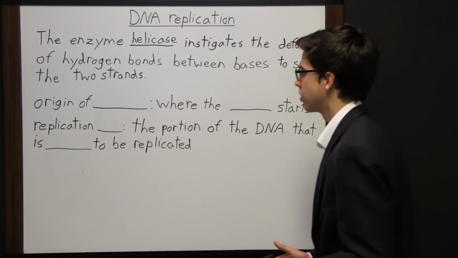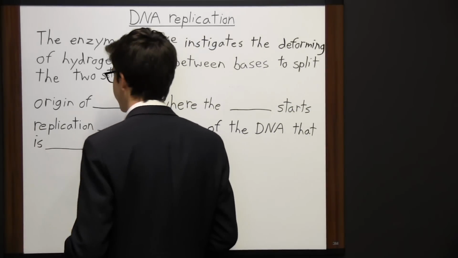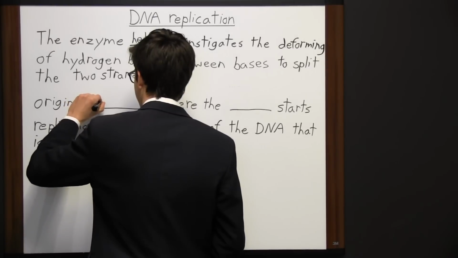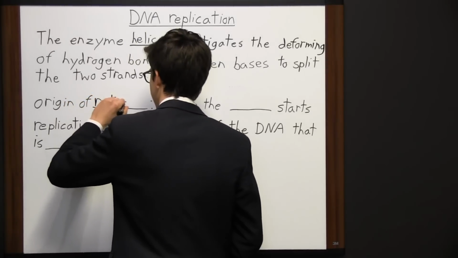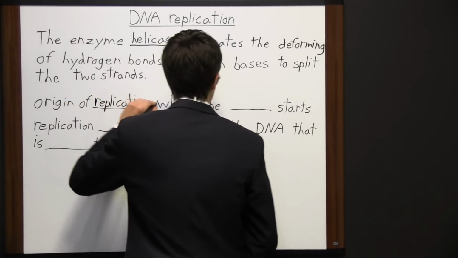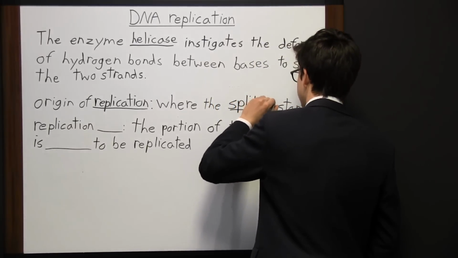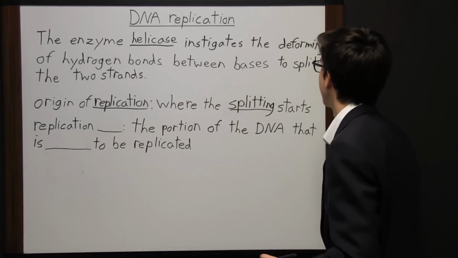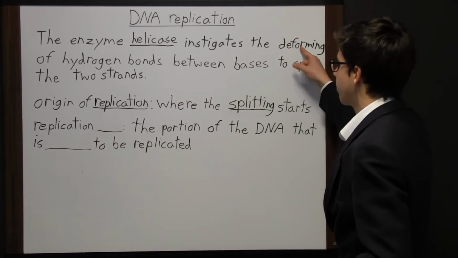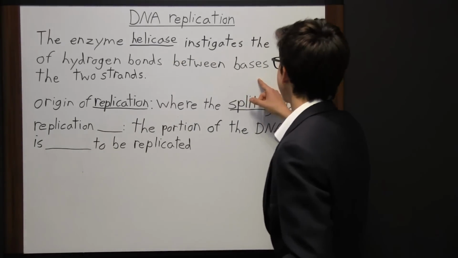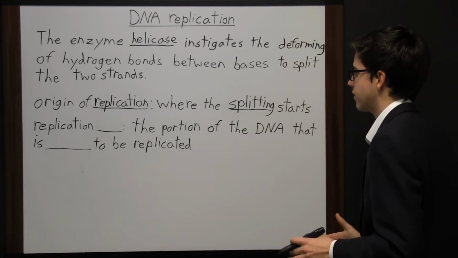Now, there's a couple of terms that you should be familiar with. One is the origin of replication. This is where the splitting starts. So remember, a minute ago, I said that the breaking of hydrogen bonds between bases leads to the splitting of the two strands of DNA.